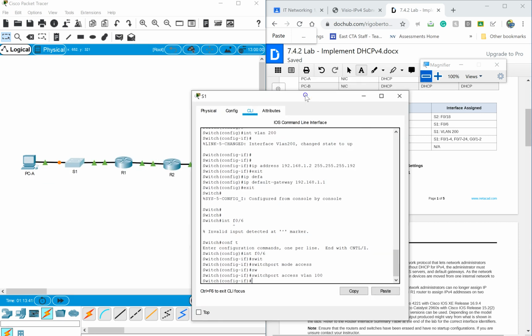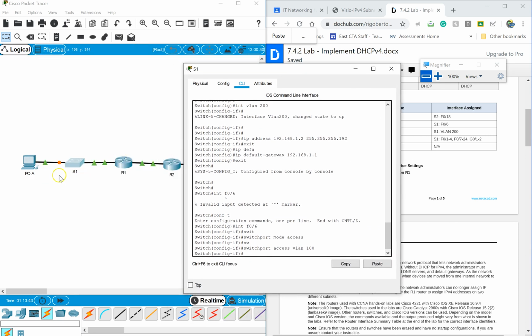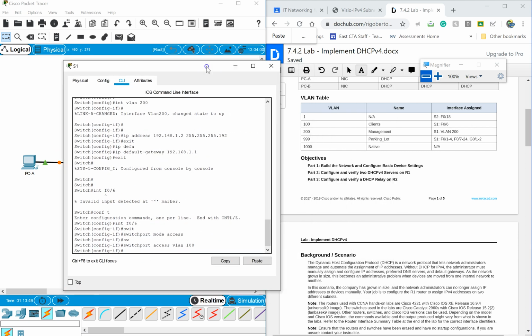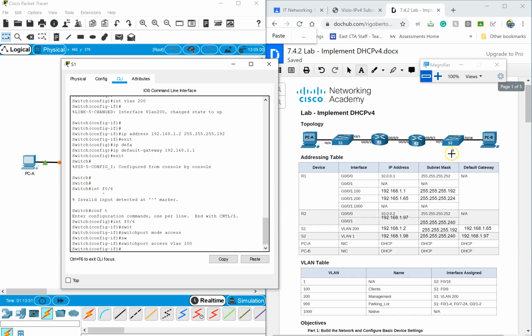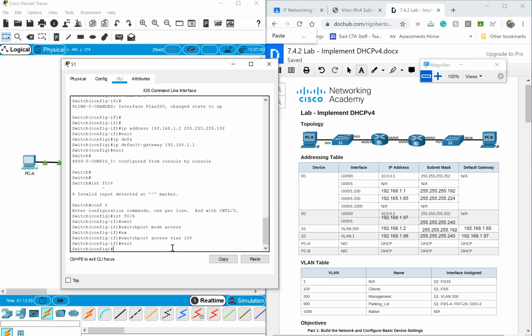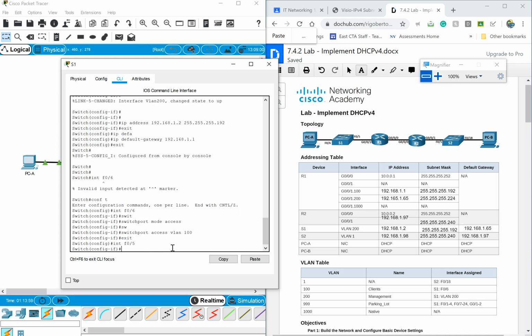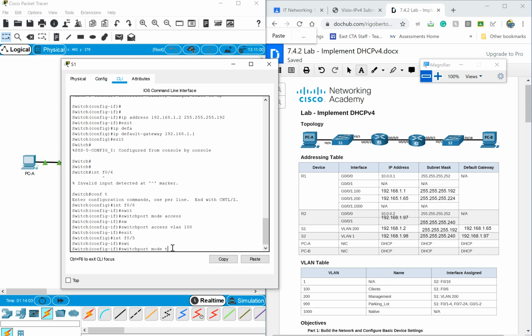Another thing that they tell us later on to do, and which I'm going to do now, is tag this as a trunk port. That is port, I don't remember off the top of my head, 5. So exit out of this, interface F0/5. And we're going to do switchport mode trunk.